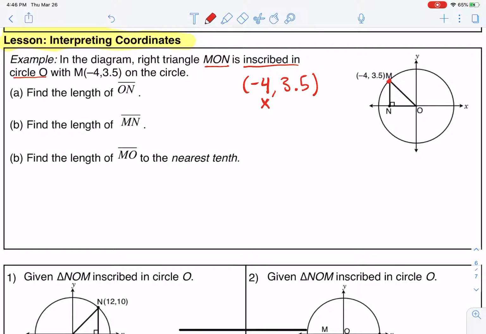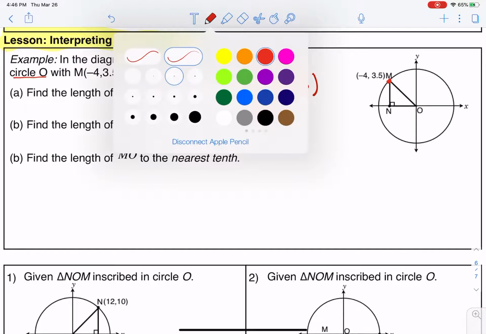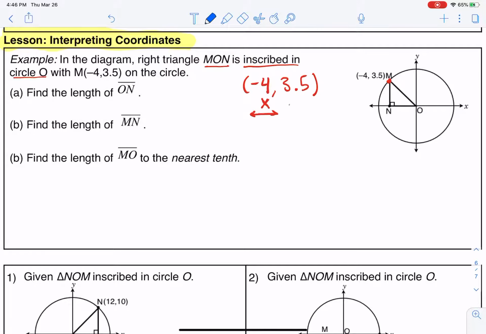And if we think about the way x is measured, it's measured horizontally. Next, we have that y value of 3.5. And if we think about how y is measured, it's measured vertically. Okay, so that's going to really help us when we're interpreting this triangle.